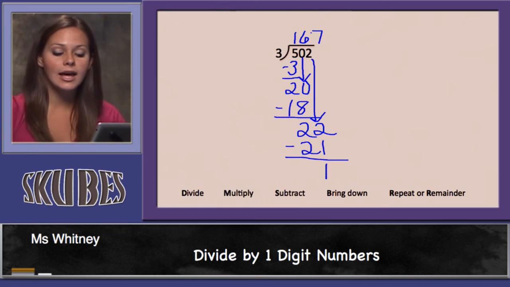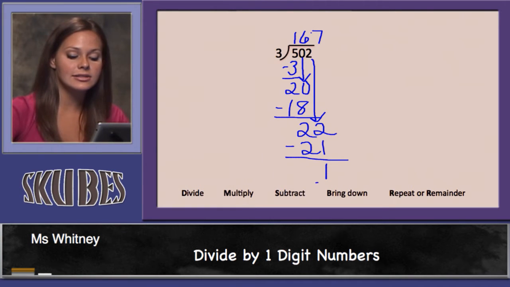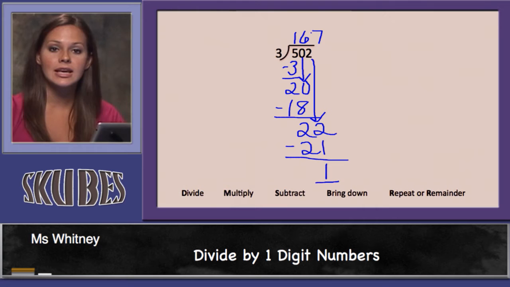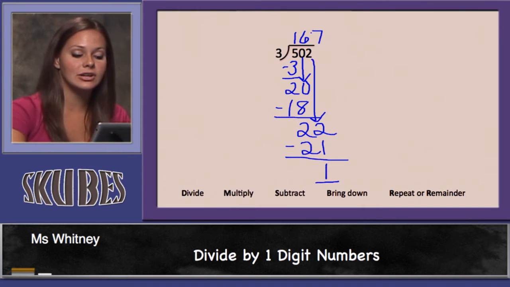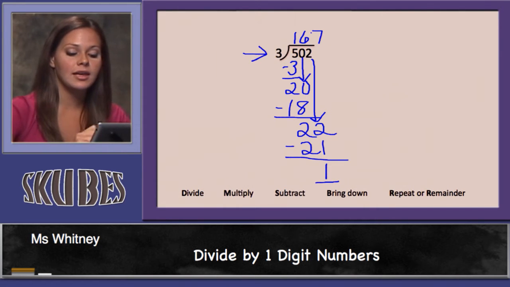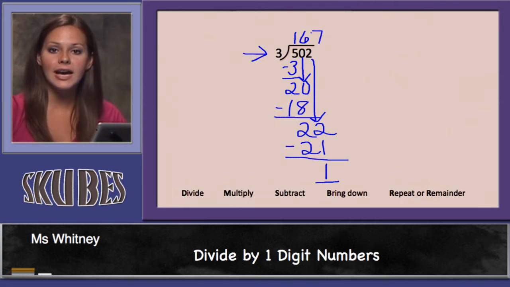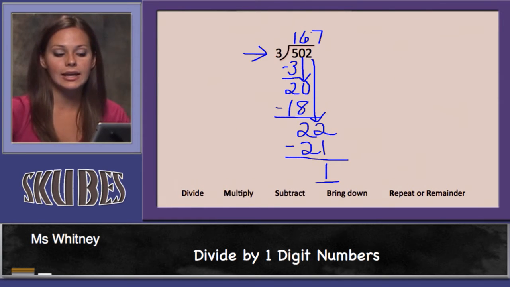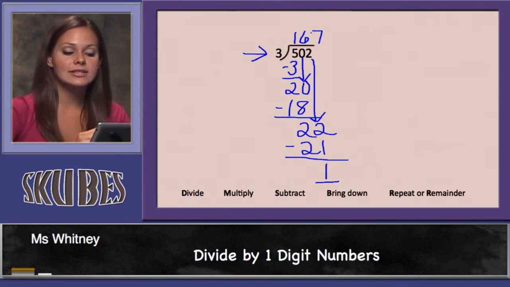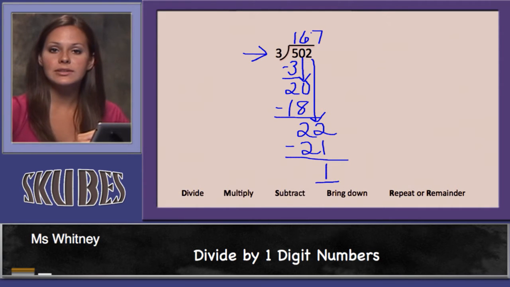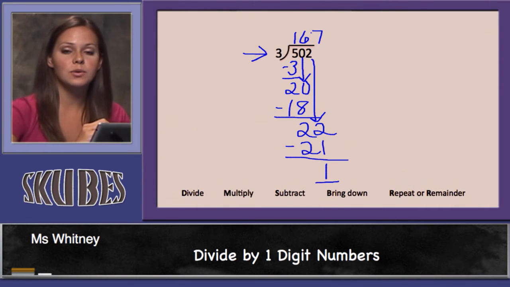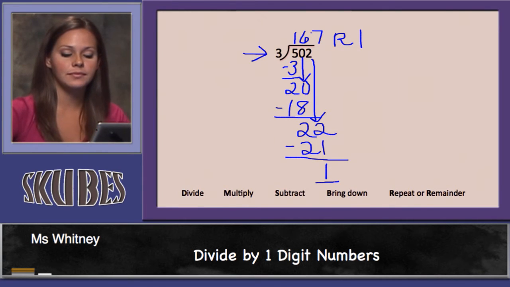Now I know I am done because my leftovers are less than my divisor, which was 3. It has to be less than my divisor, or I would need to repeat again. So my answer is 502 divided by 3 equals 167 with a remainder of 1.